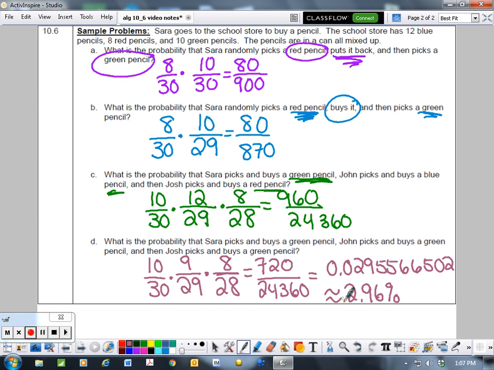So approximately that percent chance of that happening. And we can go back up and do the same thing, so that way we're practicing with our proportions. So 960 divided by 24,360 gives me about a 3.94% chance. And then up here, 80 divided by 870 gives me a 9.2% chance.